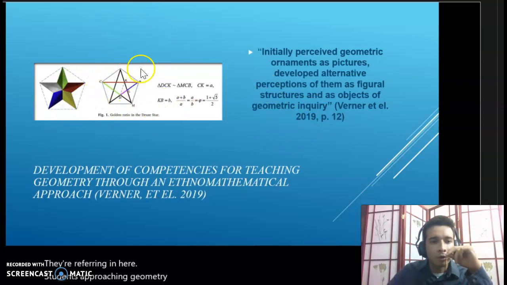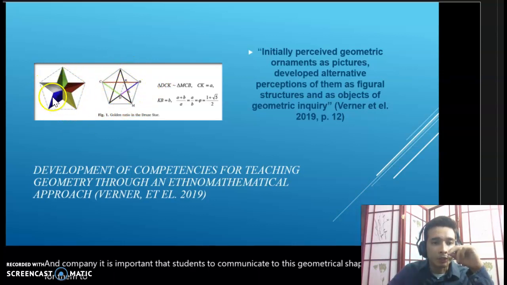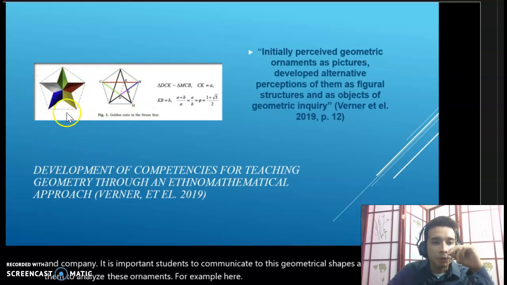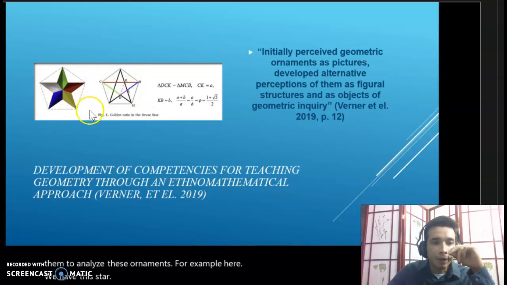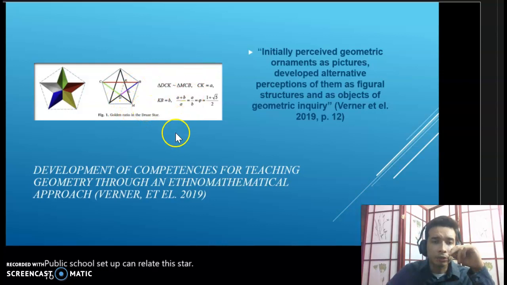However, for Berner and company, it is important for students to communicate about these geometrical shapes and to analyze these ornaments. For example, here we have this star, but this star also shares a golden ratio, and students in this Israeli public school setup can relate this star to their culture and also see this important ratio.